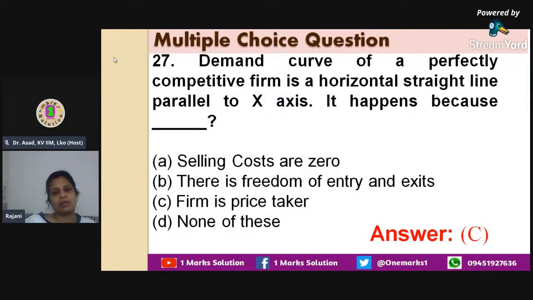There is no other option. Selling costs are zero, that is not the reason for that one. There is freedom of entry and exit, yes, definitely there is, but the exact option is the firm is a price taker.